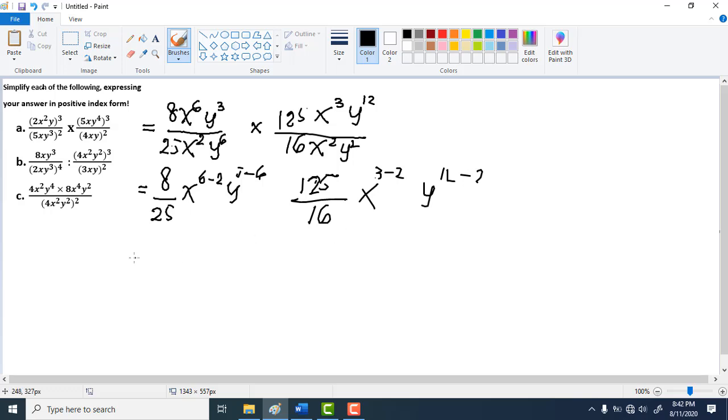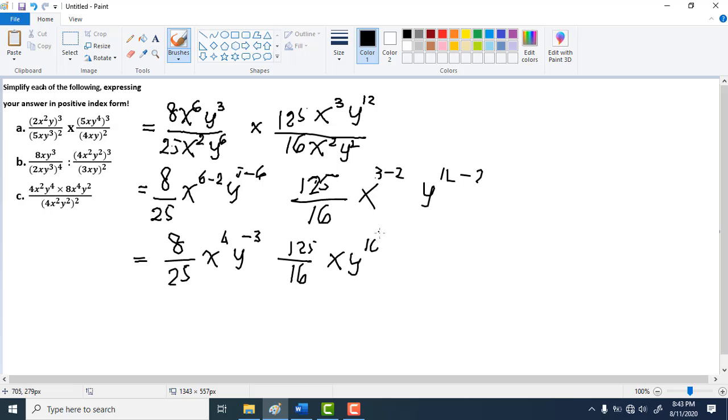So we get the result 8 over 25 x to the power of 4, y to the power of 3 minus 6, which is minus 3, and then 125 divided by 16, x to the power of 1, the invisible one, and y to the power of 12 minus 2, to the power of 10.